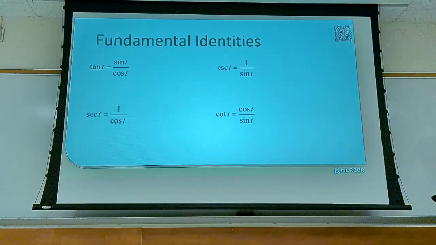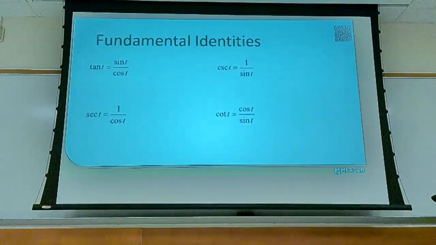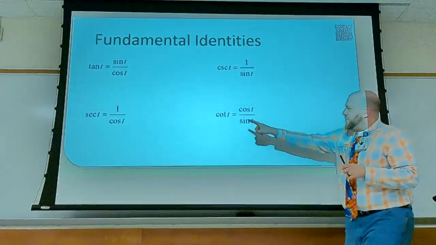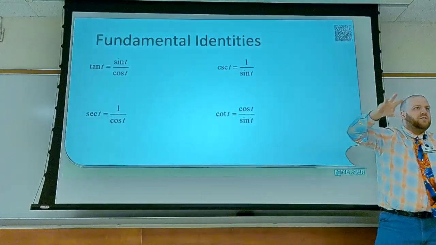If you look at these 4, you should easily be able to see just from the definitions that cosecant is 1 over sine, it's the reciprocal of sine, and so on and so forth. But what this says is, look, cotangent, cosecant, secant, tangent, those are the other four trig functions.